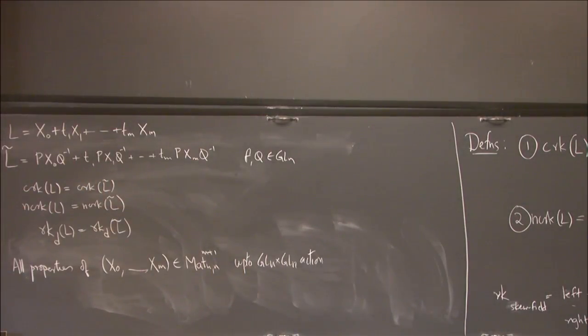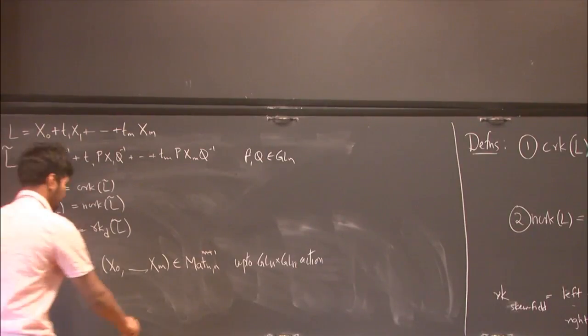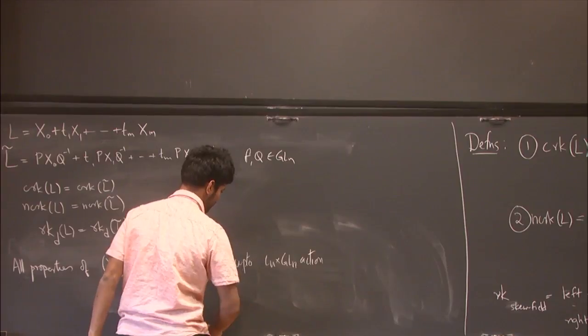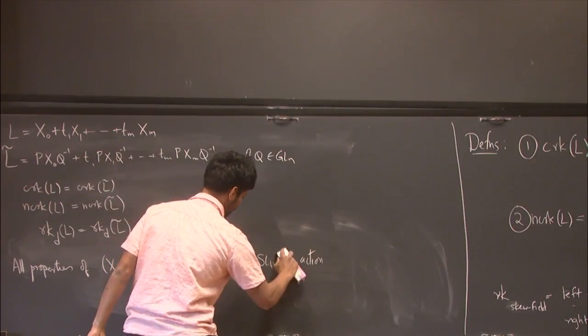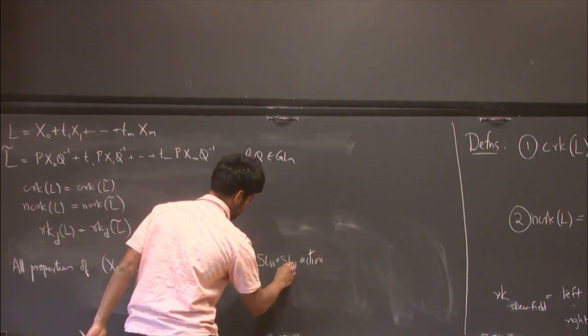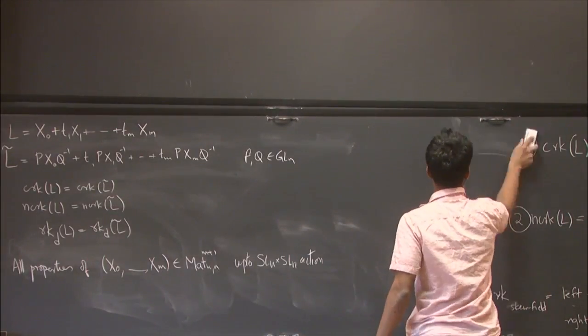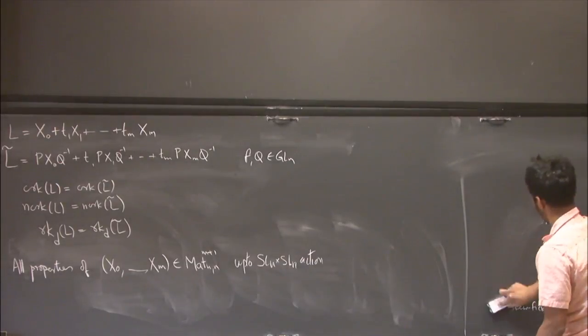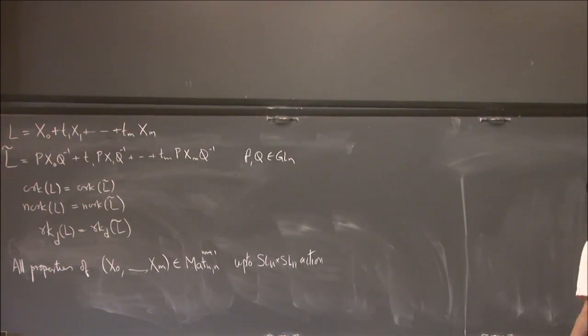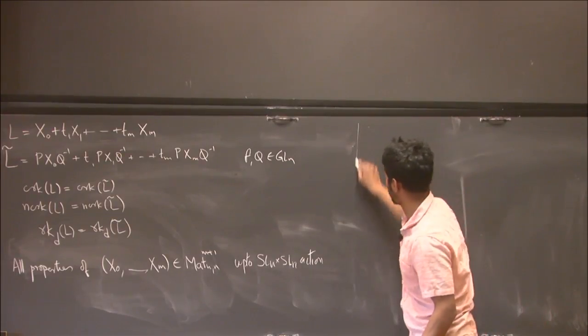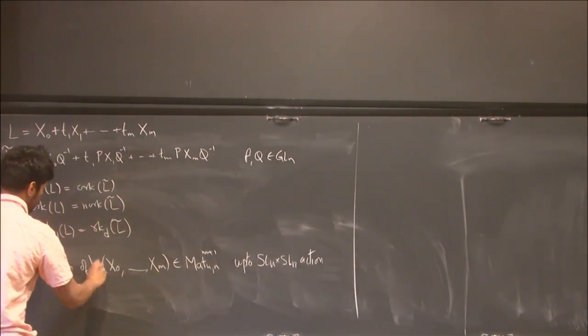Does that make sense? There's a bunch of numbers that you have, and they're invariant to which point in this orbit you take. So maybe I will be a little silly, and I will take SLn instead of GLn on both sides. And I will call this point X.